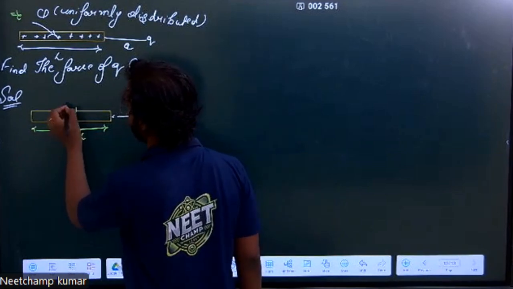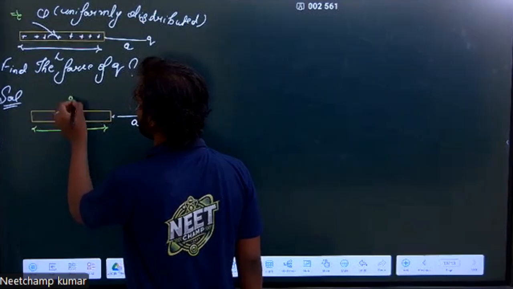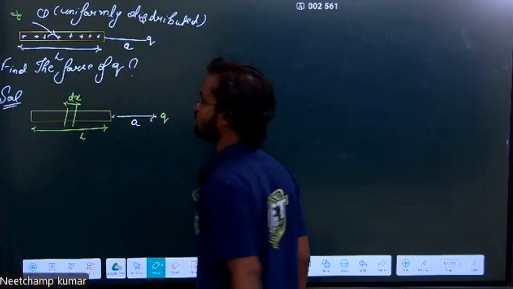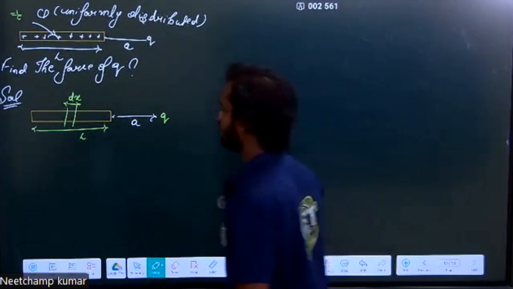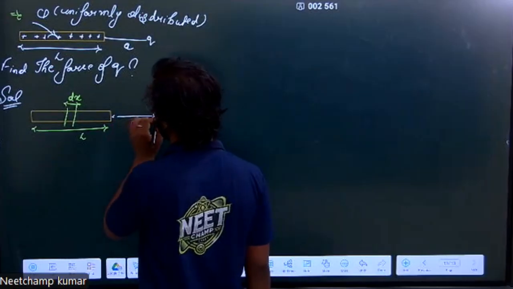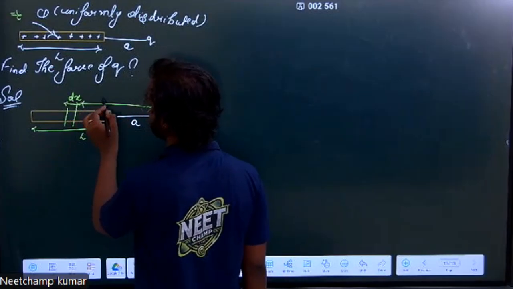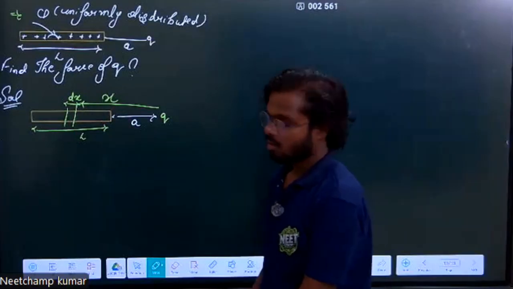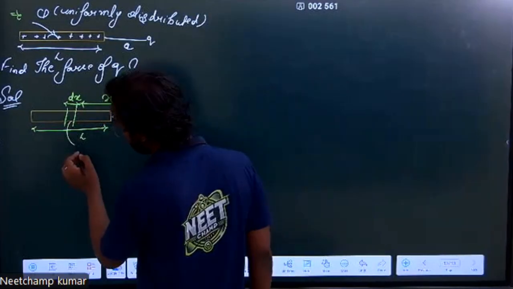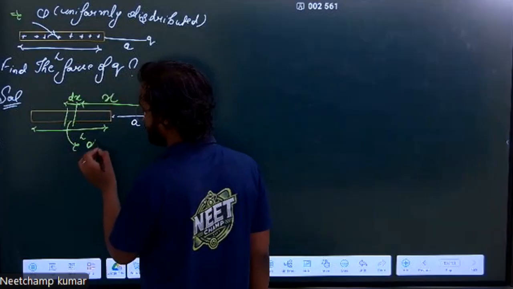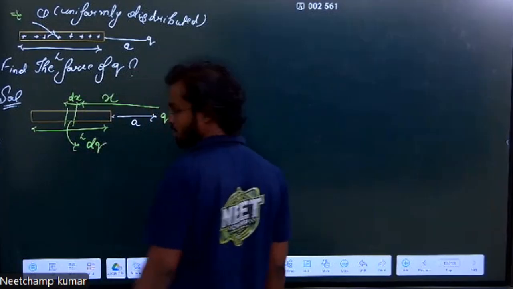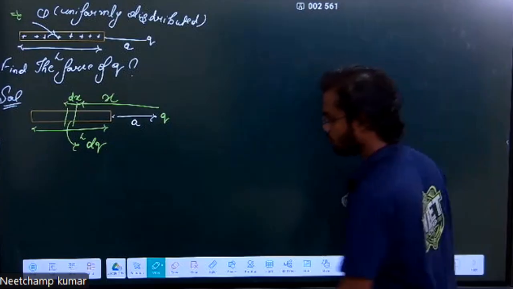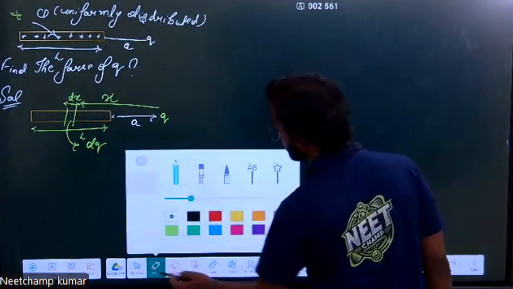Let's take that small element as dx, at a distance x. Now on this dx, let us consider how much charge is there, that is dq.